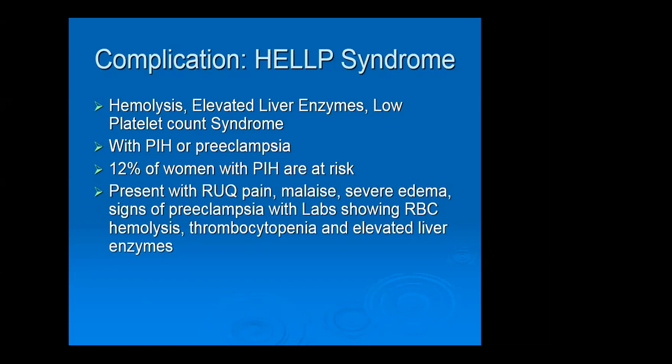And this usually presents with telltale signs of right upper quadrant pain, malaise, severe edema, signs of preeclampsia with labs showing that red blood cells have hemolyzed, thrombocytopenia, and elevated liver enzymes.